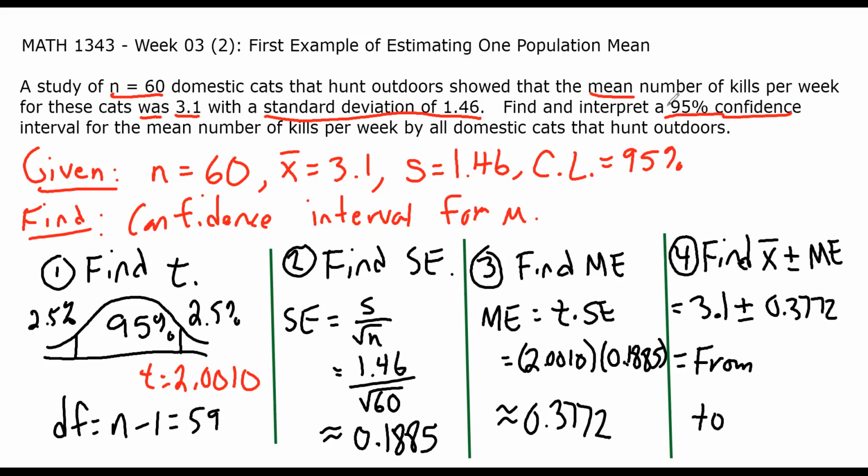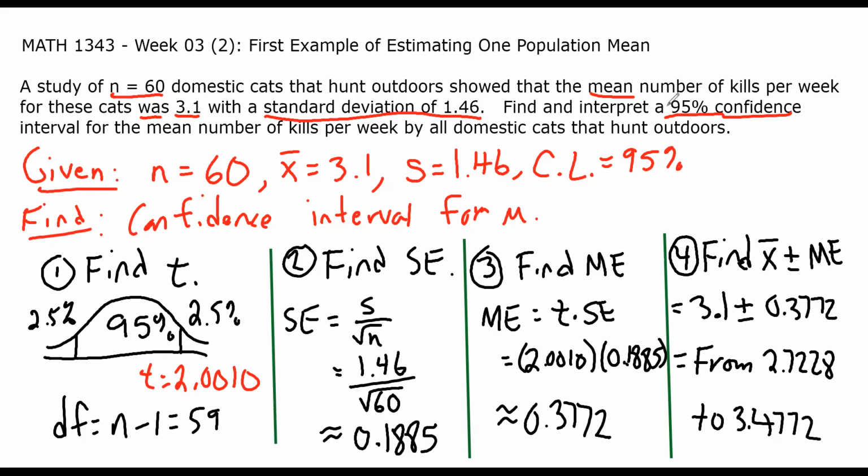To get the lower number, we're just going to subtract 3.1 minus 0.3772, that will give us 2.7228. And then the upper value, the upper limit, if you will, is the answer to the addition problem, 3.1 plus 0.3772, which is 3.4772.